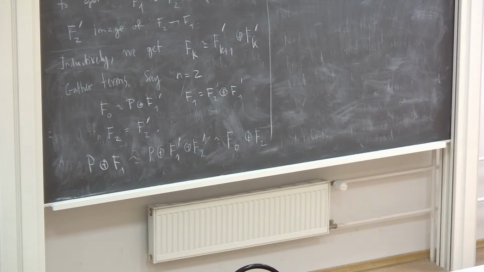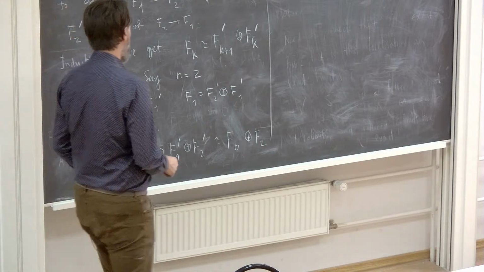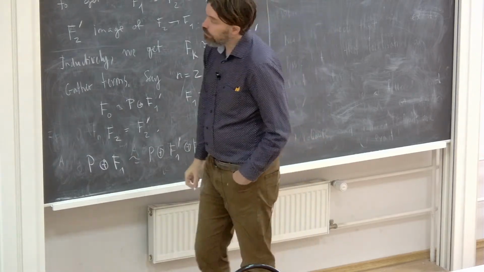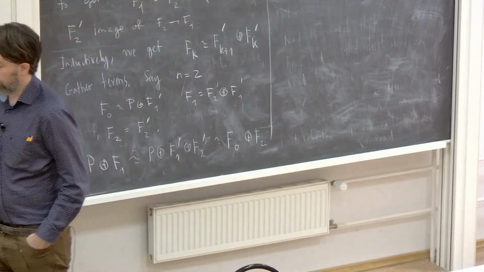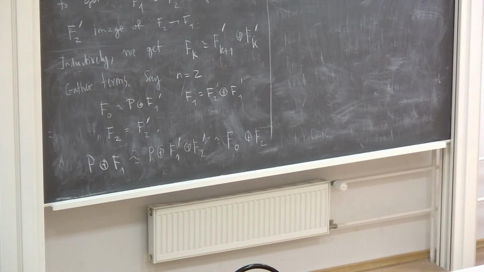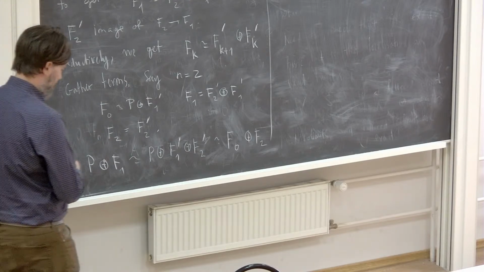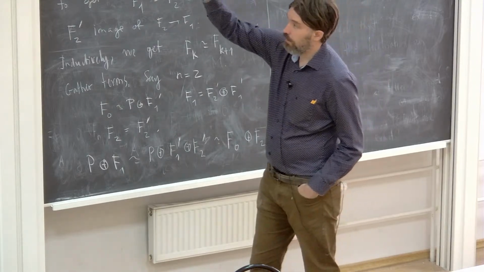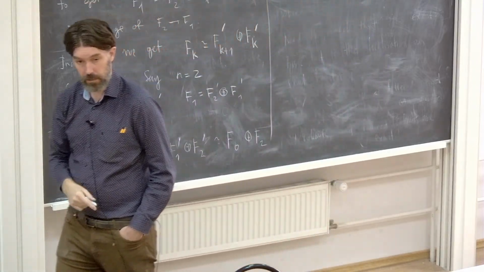Okay, so we can say something about part D. So part D, we want to see that projective modules are characterized by the localizations being free. And one direction, 1 implies 2 implies 3, this will be easy.